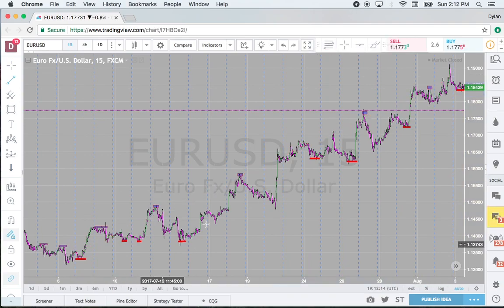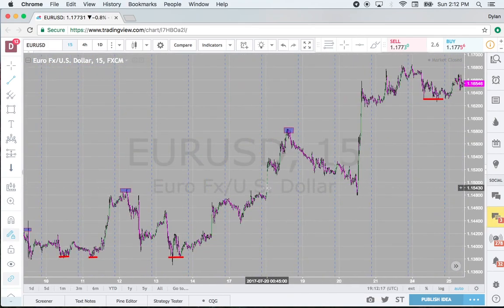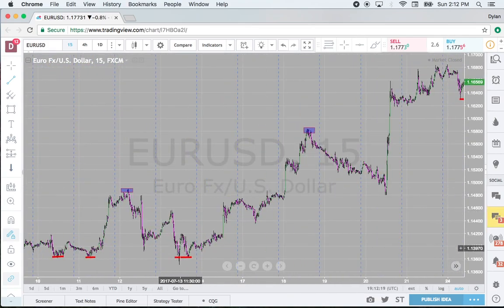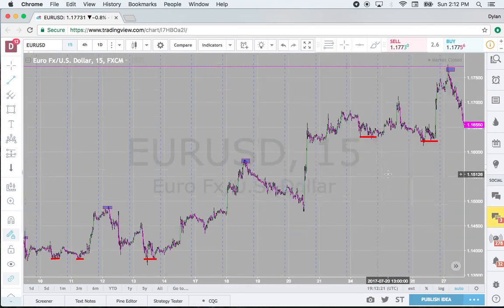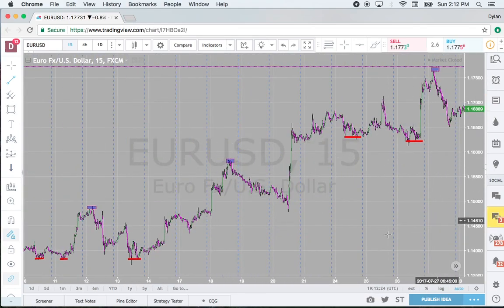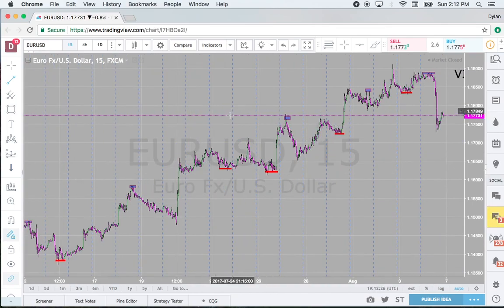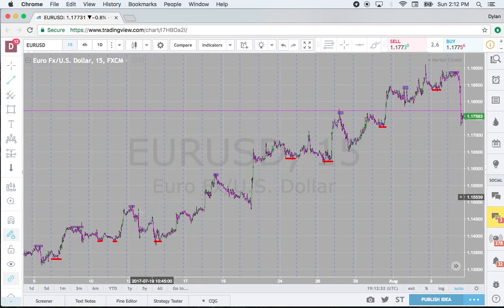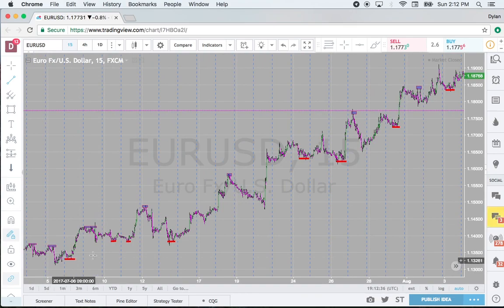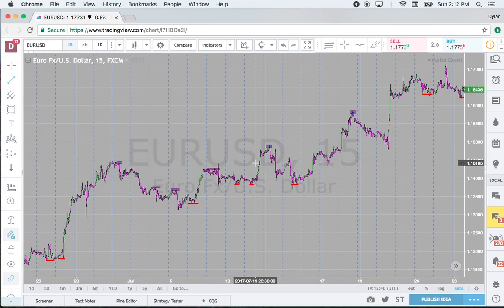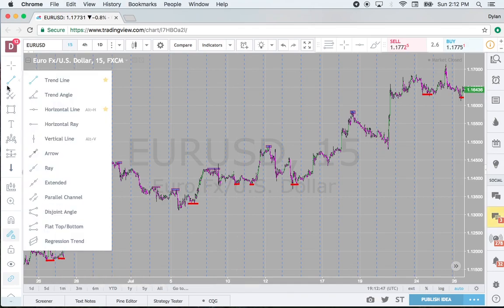And what you can also see on my chart is red lines and blue boxes. The red lines represent W formations that you could have bought the second leg of the W at and went with the trend.